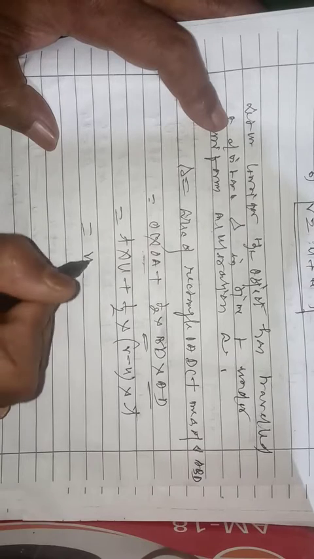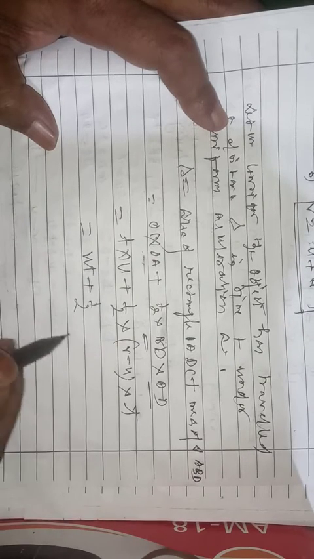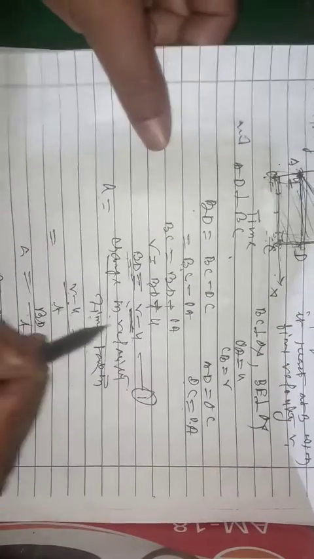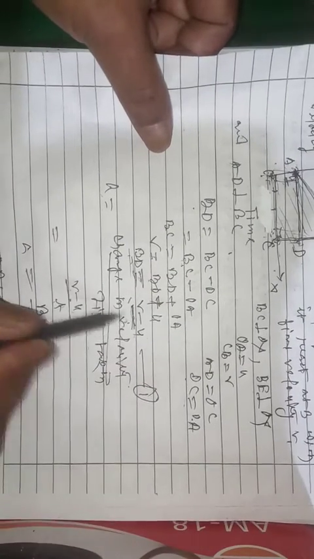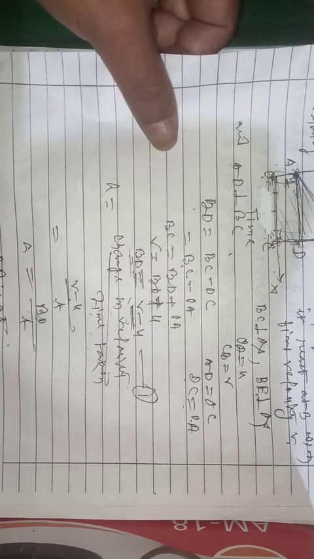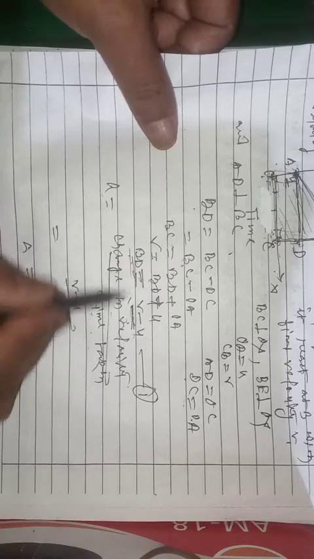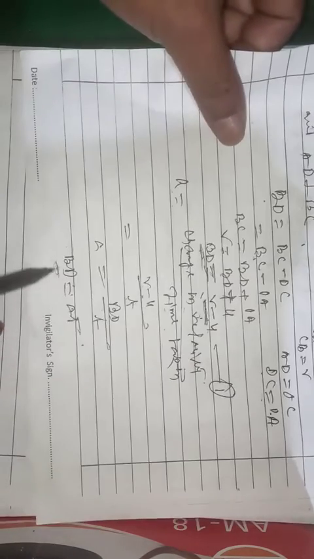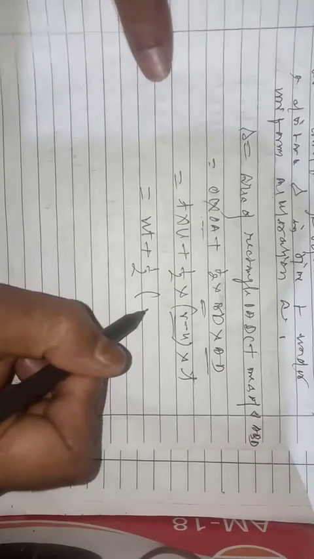Now multiply: UT plus half into V minus U. V minus U means BD, and BD means AT.